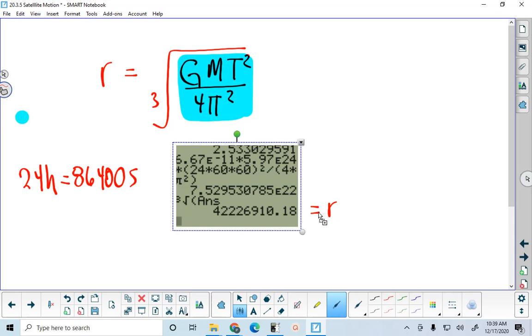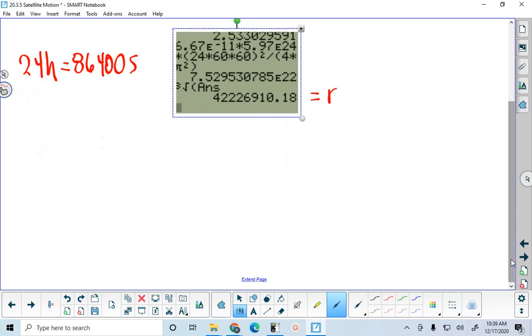What are we going to have to do to determine the answer to this question? Well, it said, what is the altitude, which is the distance above the surface of the Earth? So what we have determined is that if this is the Earth, the distance from the satellite to the center of the Earth is this number.